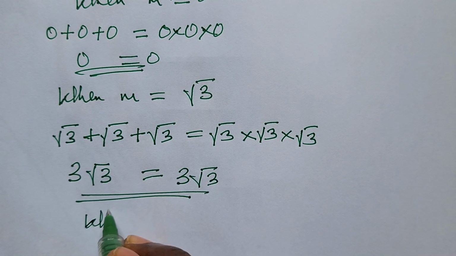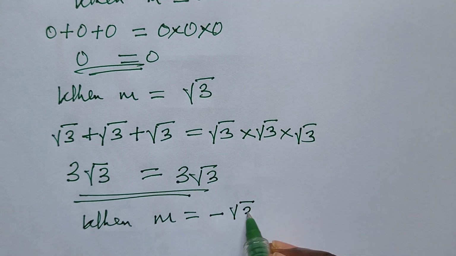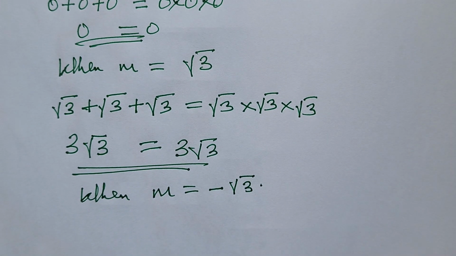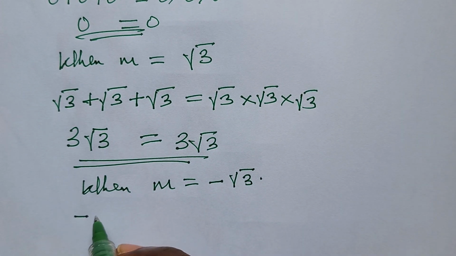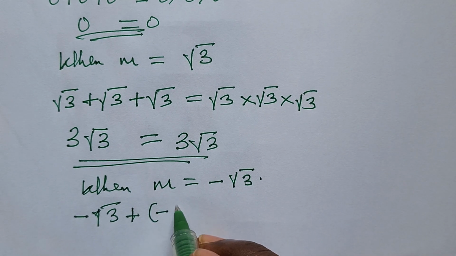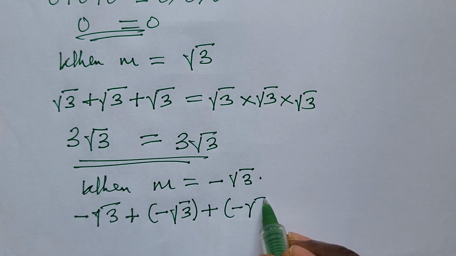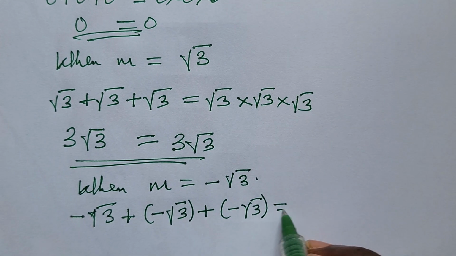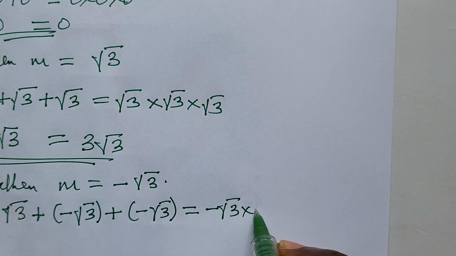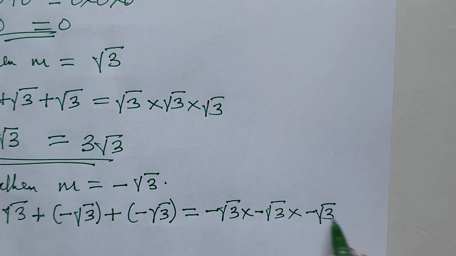We say when m is equal to the negative root 3. So we do another simple substitution again from here. This is going to give us minus root 3 plus bracket minus root 3 close bracket plus bracket minus root 3 close bracket equal to, here we're going to have minus root 3 times minus root 3 times minus root 3.